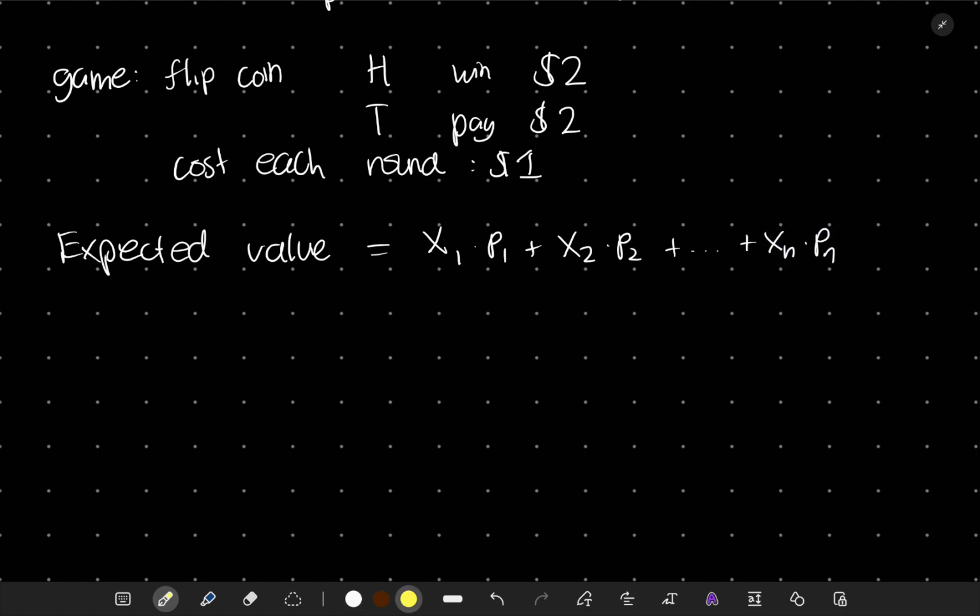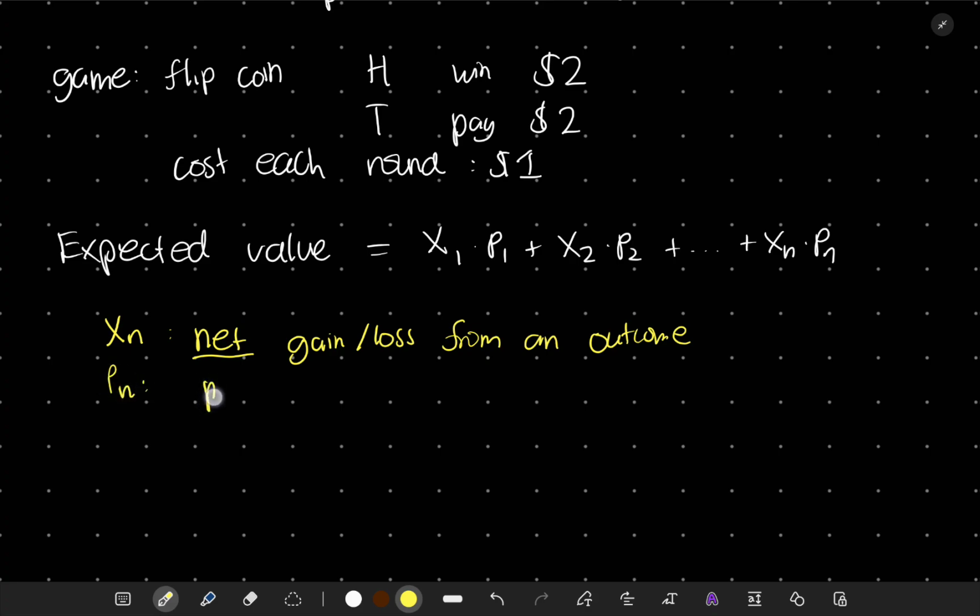So let's define each of that. xn is the net gain or loss from an outcome, and P of n is the probability of this outcome, actually, for an event.